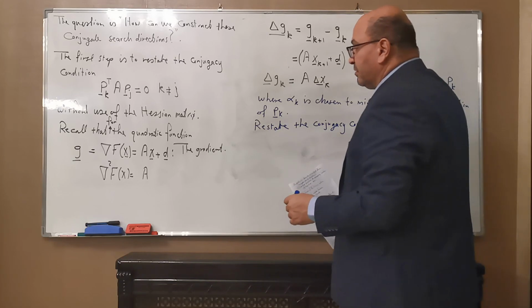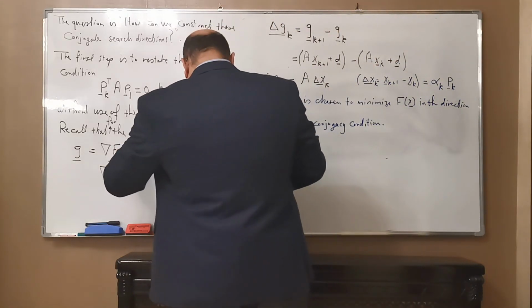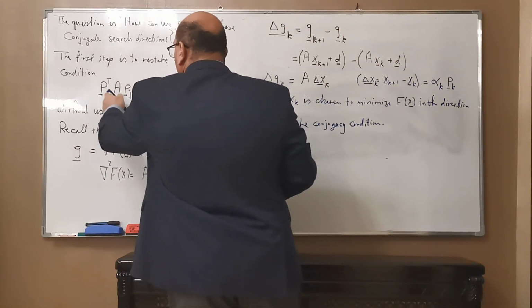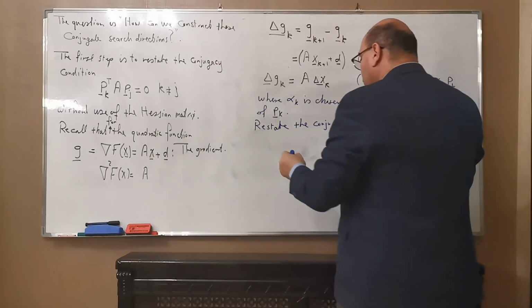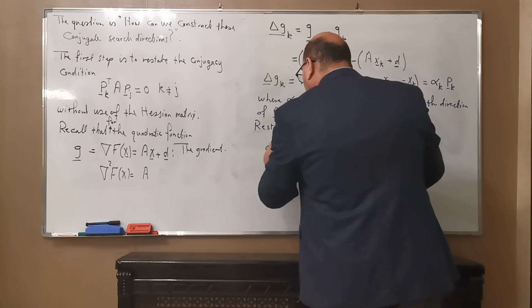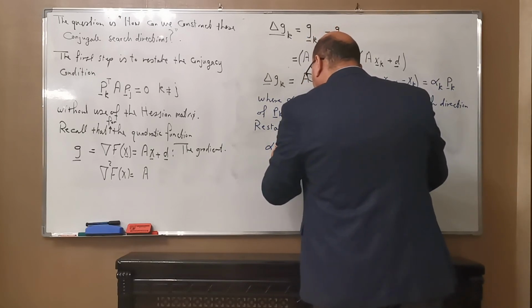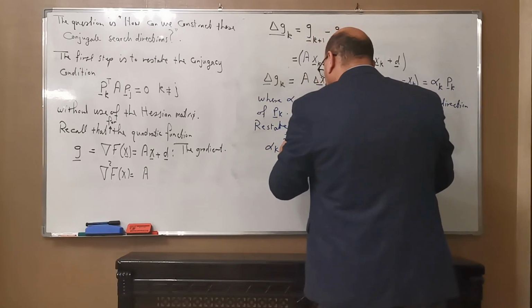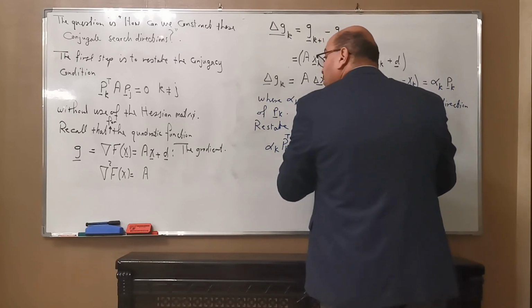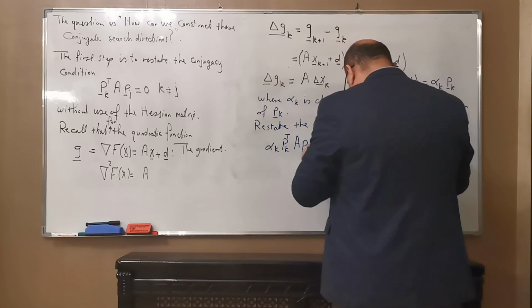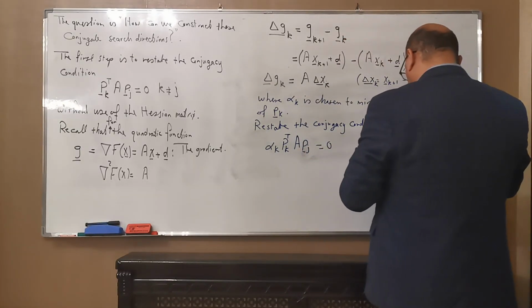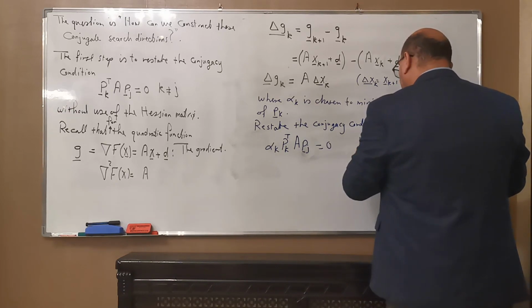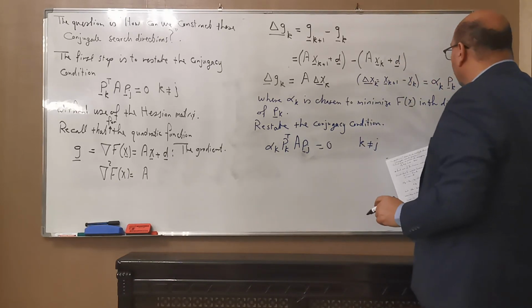If we multiply both sides by alpha k, it still equals 0. So we can say that alpha k times p k transpose A p j still equals 0 for k not equal to j.